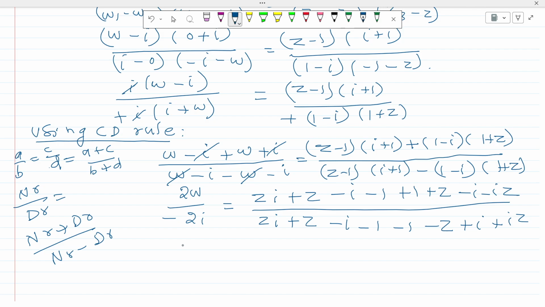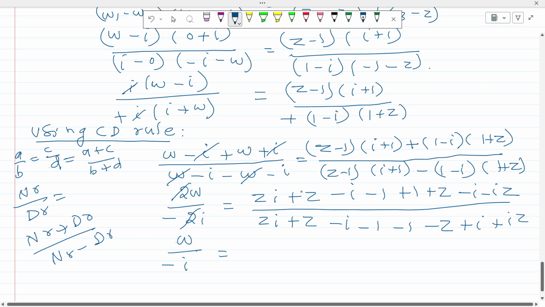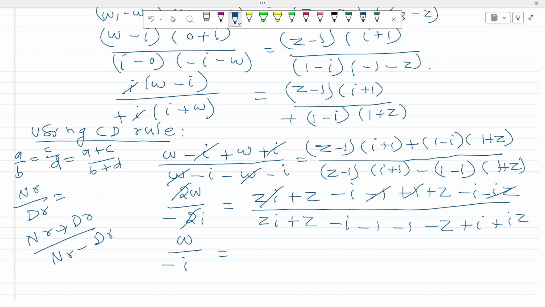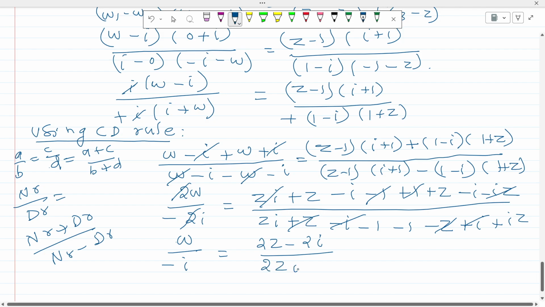Now we will get 2W by 2I, 2 get cancel here, then W by I, W by minus I, which is equal to, ZI get cancel, then plus 1 minus 1 get cancel, then 2Z minus 2I divided by, here Z get cancel, minus I plus I get cancel, then 2ZI minus 2.